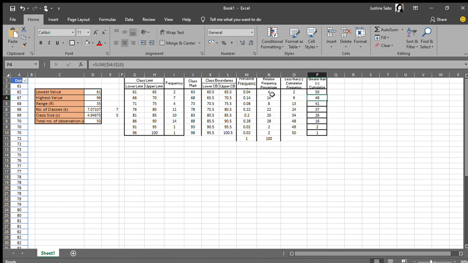So, 48 minus 7 is 41. 41 minus 4 is 37. 37 minus 11 is 26. 26 minus 10 is 16. 16 minus 14 is 2. 2 minus 1 is 1. So, that would be all for the construction of the frequency distribution table.